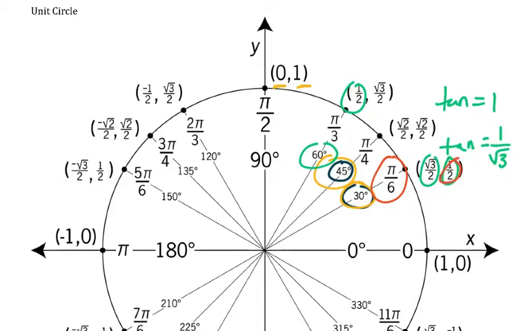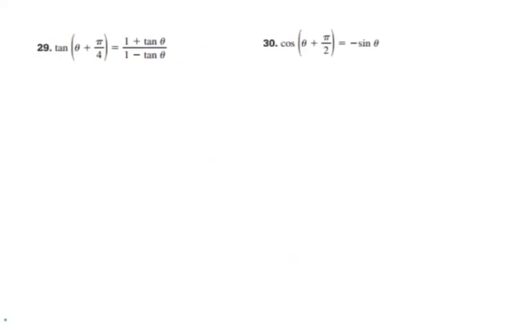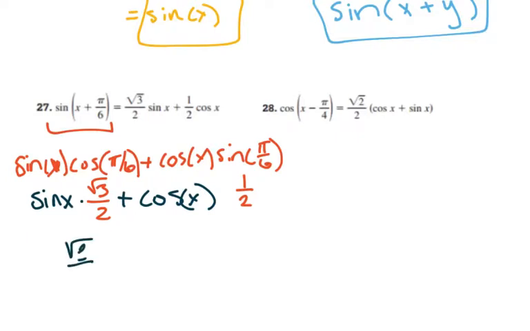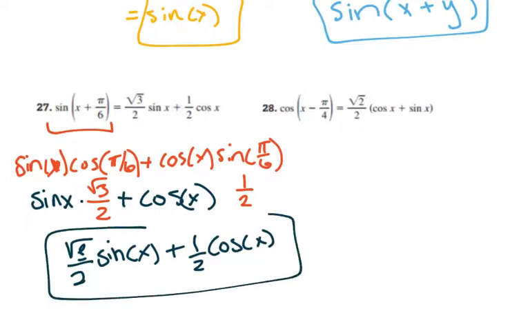Sine is a half, and cosine is square root of 3 over 2. So we've got sine of x times square root of 3 over 2 plus cosine of x times a half. And of course that's what they have there. They've just put the number first and then the trig.